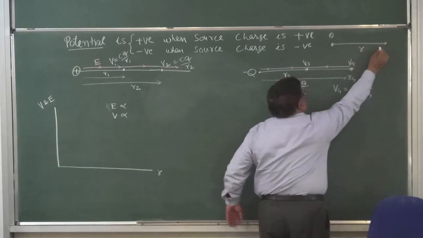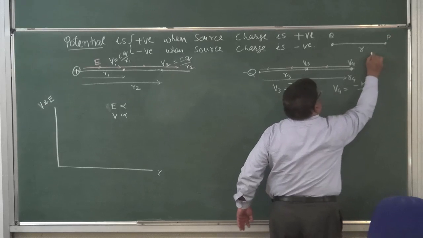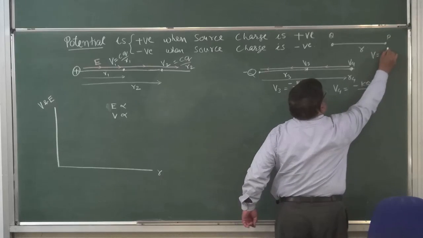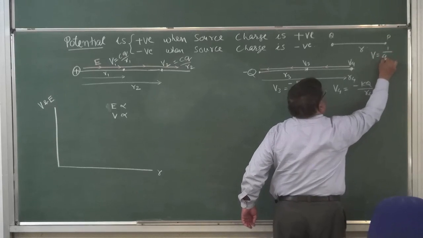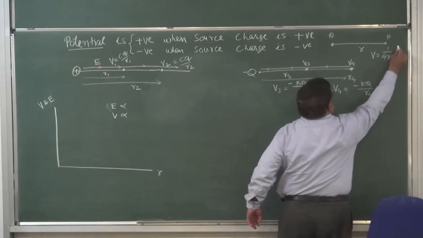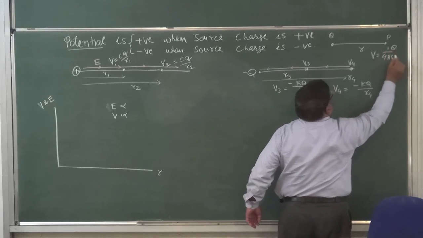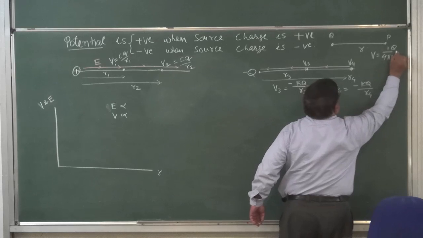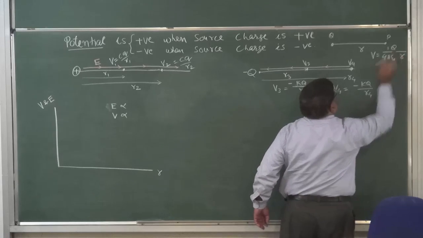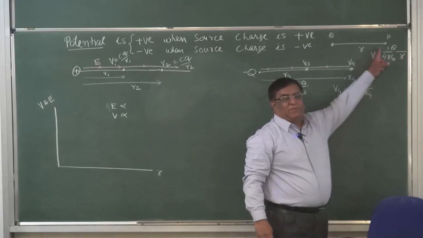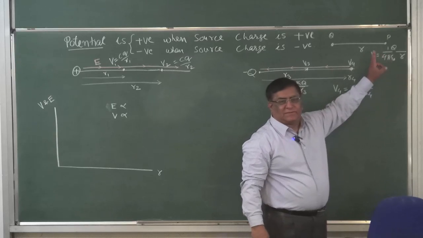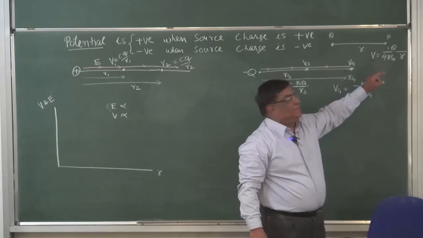At this point P, the potential V is equal to Coulomb's constant, 1 upon 4 pi epsilon naught, times Q upon r. This is what we derived in the previous class. Is it clear to you?